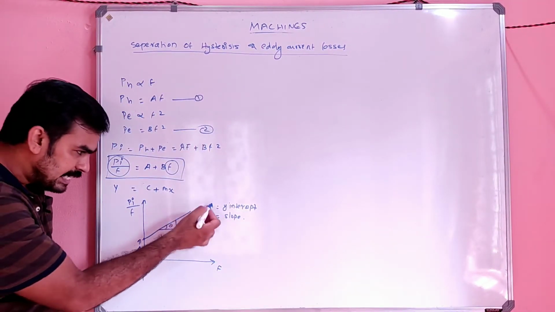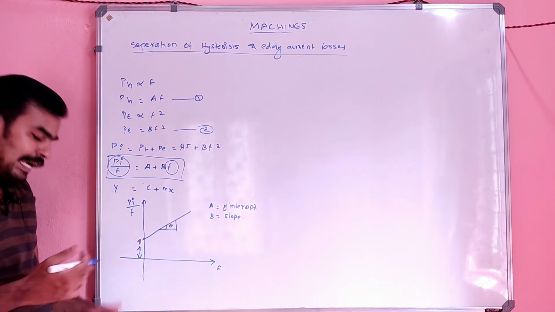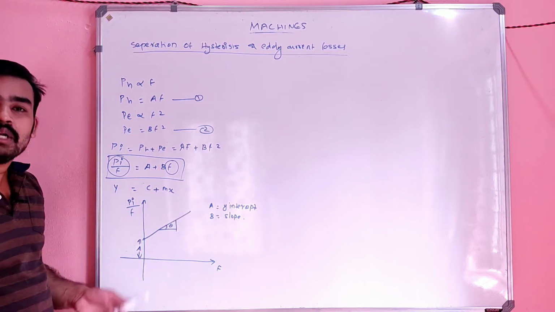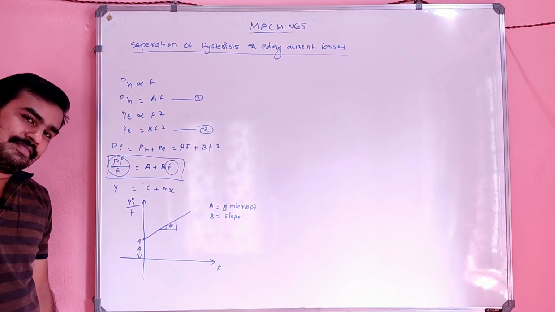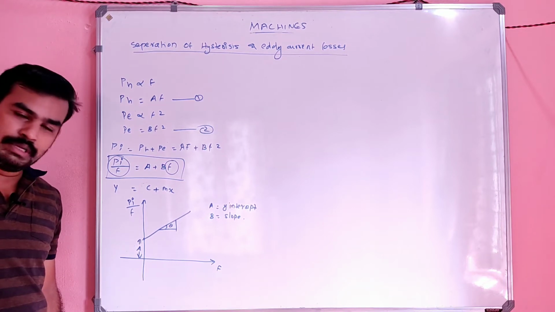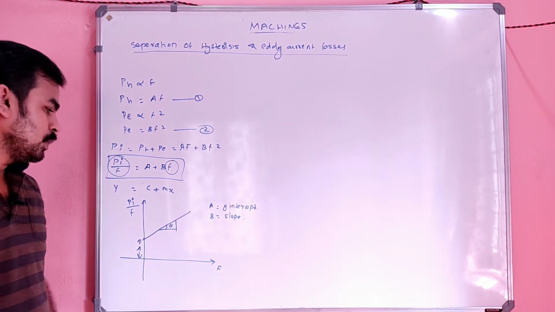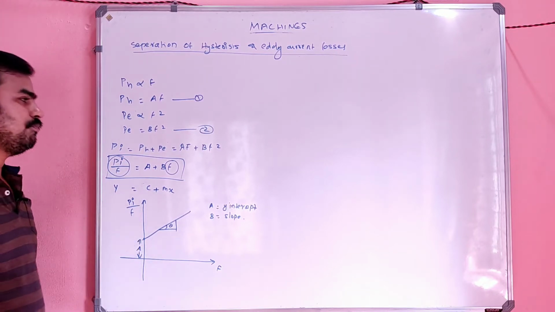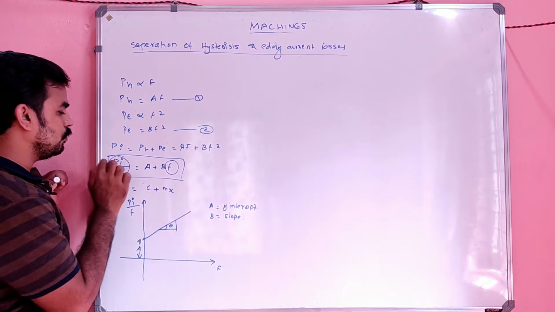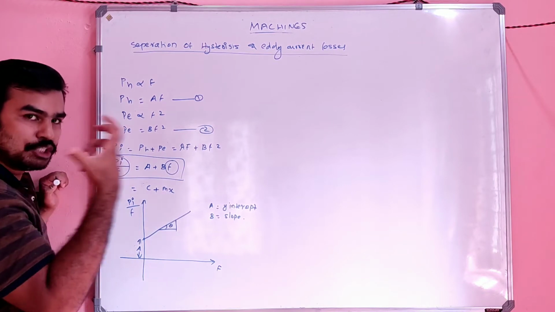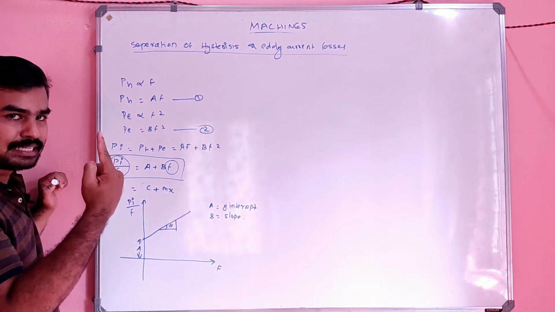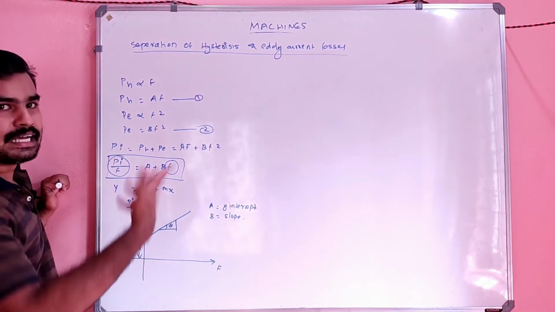So if you know this A and B, you can find the iron loss for any frequency. When we are doing problems, it will be very clear to you. So this is the procedure: first you need to take Pi by f as one coordinate and f as the other coordinate.